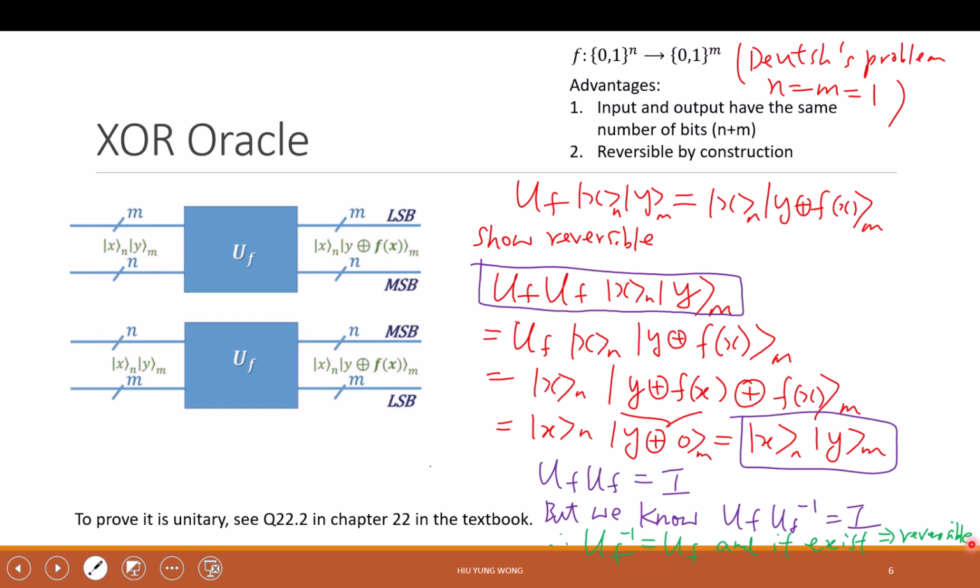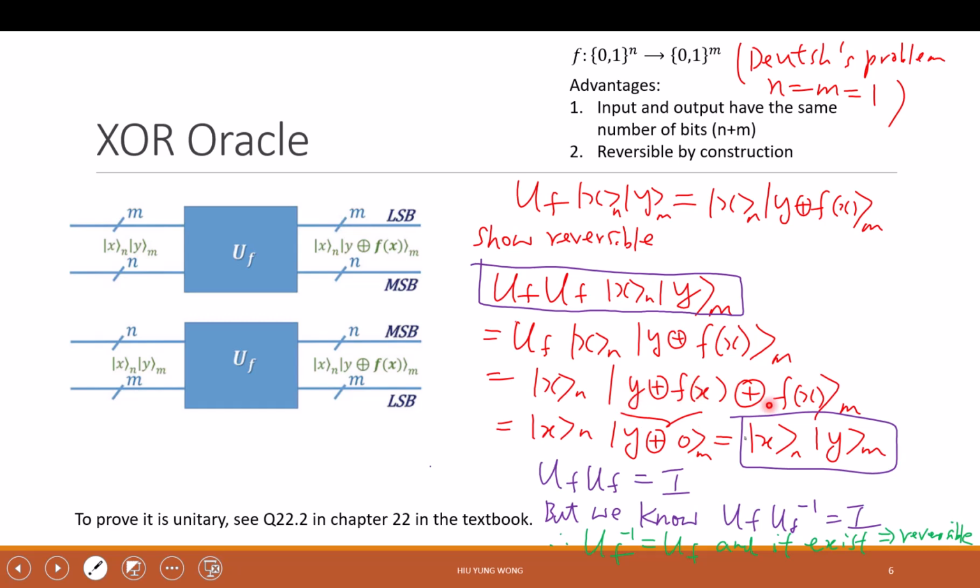So here, just to prove it: why can I prove that this is reversible? Why do we construct it in this way to make it reversible? It's a smart way: y exclusive or f of x gives this property because we're using exclusive or. Some of you came up with something different. Let's say, how about a NOT gate? Do the NOT, and do the AND operation between y and f of x.